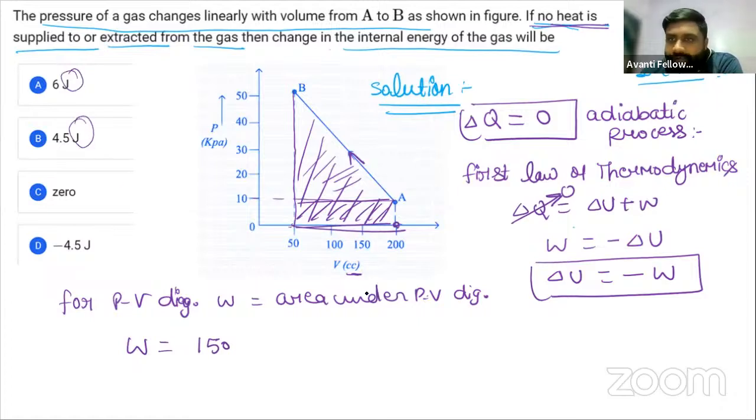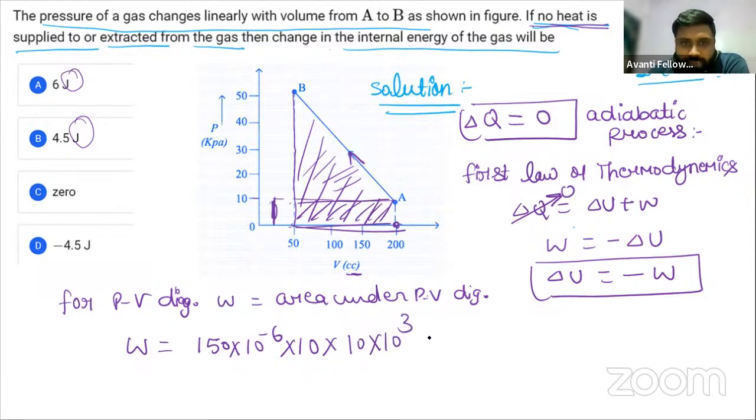You need to convert it, because the options are given in joules. So convert it into cubic meters: 150 into 10 raised to the power minus 6 meter cube, multiplied by the height, which is 10. But pressure is also given in kilopascal, so we need to convert it into Pascal. So 10 kilopascal will become 10 into 10 raised to the power 3 Pascal.